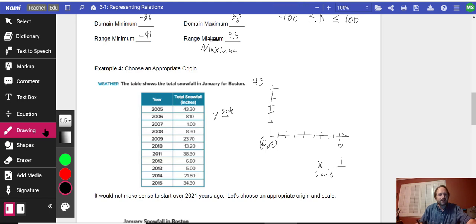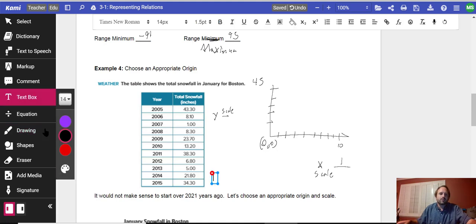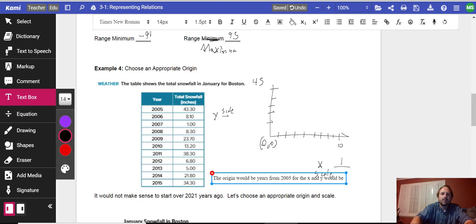But what is my 0, 0? Well, my origin would be years from 2005. So at 0, 0, it would be at 2005 for the x, and y would be the snowfall in inches.